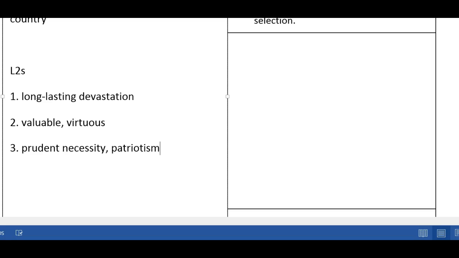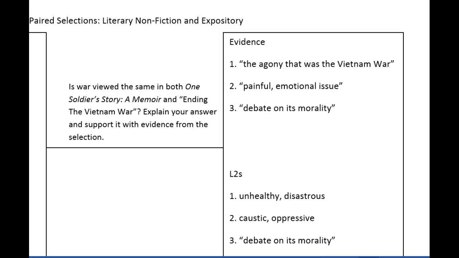Okay, so now let's take a look at the second selection, which is Ending the Vietnam War. Let's look at some of the evidence you may have selected from Ending the War. Number one, the agony that was the Vietnam War. So that's one of the pieces of evidence we're going to use to inform our view in this article.